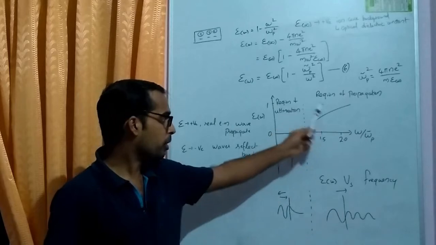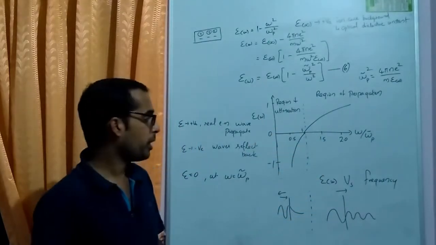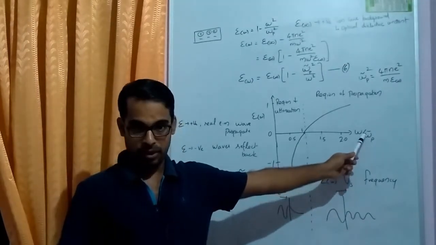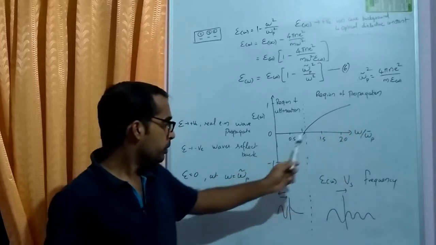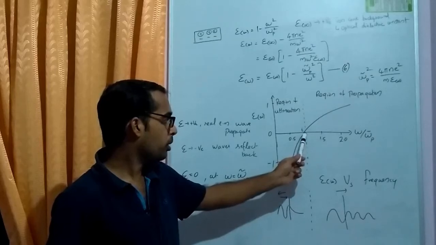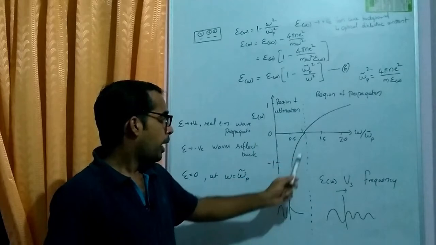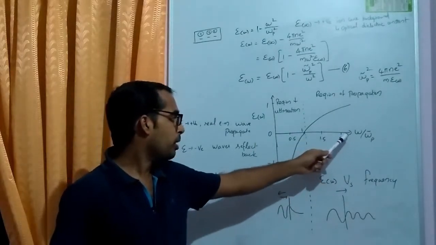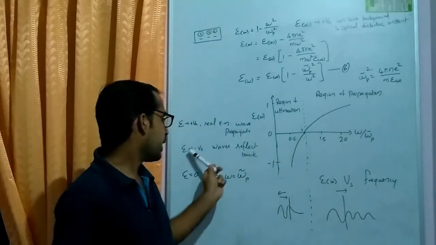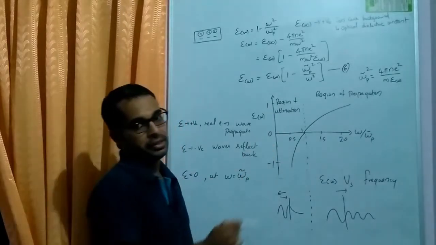This graph shows the variation of epsilon(omega) with omega by omega_p. You can see that at omega equal to omega_p, epsilon is equal to 0, and when omega by omega_p is less than 1, the epsilon value is negative, and this is called the region of attenuation.